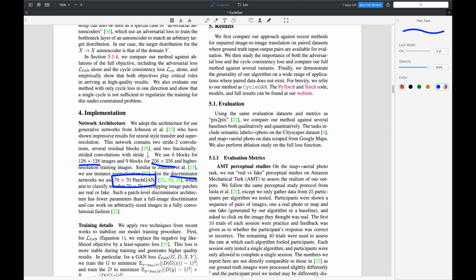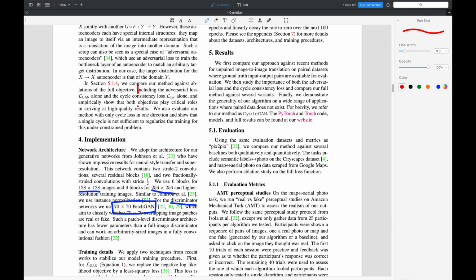This architecture originally came from the Pix2Pix paper, and what 70 by 70 means is that when it receives an image, the receptive field of the entire discriminator network is 70 by 70. So when this discriminator produces an output, a single pixel of that output is influenced by a 70 by 70 region of the input, because convolutions only work at a local level.